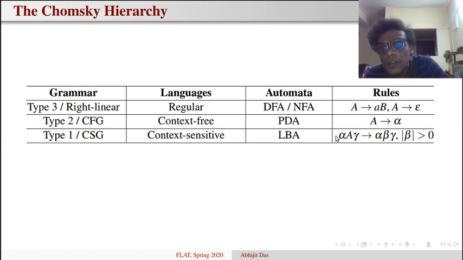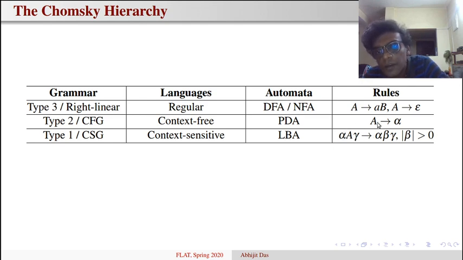Here, each rule is of the form alpha A gamma, where A is a non-terminal symbol and alpha and gamma are arbitrary strings over terminals and non-terminals. A becomes beta. This is called context-sensitive because A can become beta only in the context of alpha and gamma.